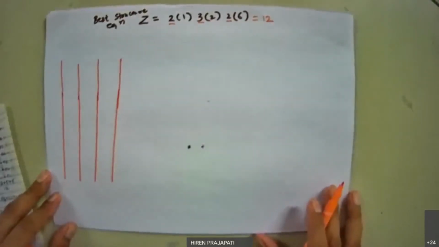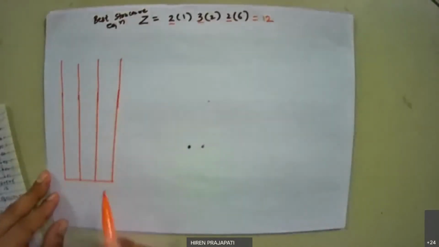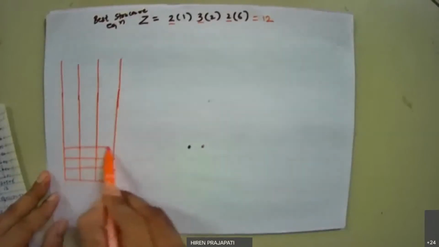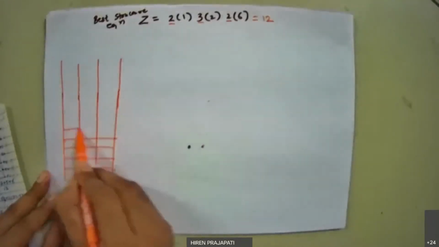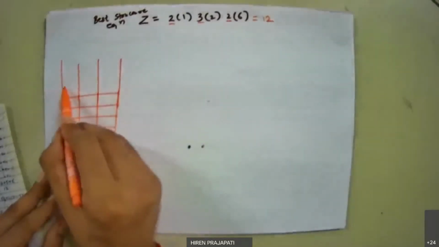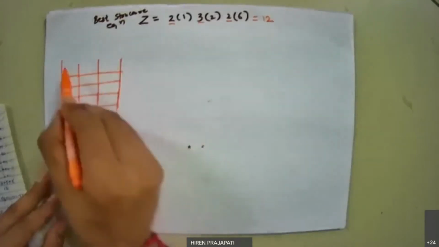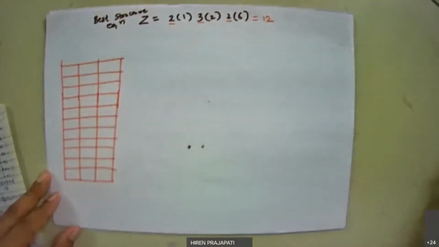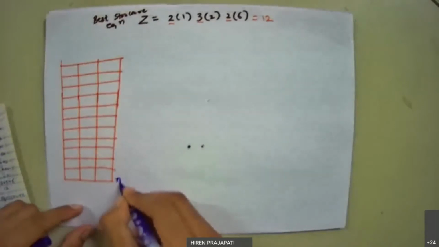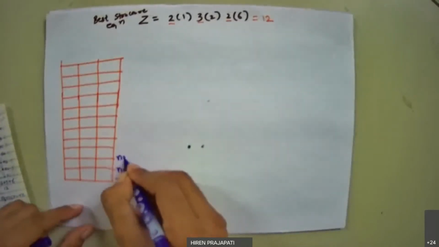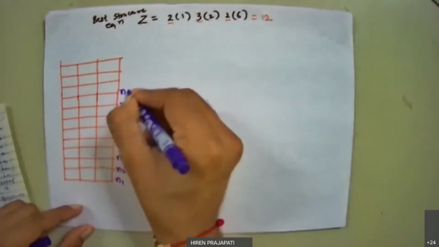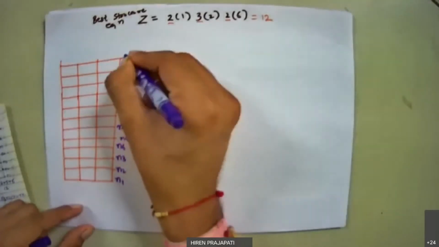So let us draw 12 horizontal lines: line 1, 2, 3, 4, 5, 6, 7, 8, 9, 10, 11 and 12. Right? Now let me give the RPM numbers: N1, N2, 3, 4, 5, 6, 7, 8, 9, 10, 11 and 12.